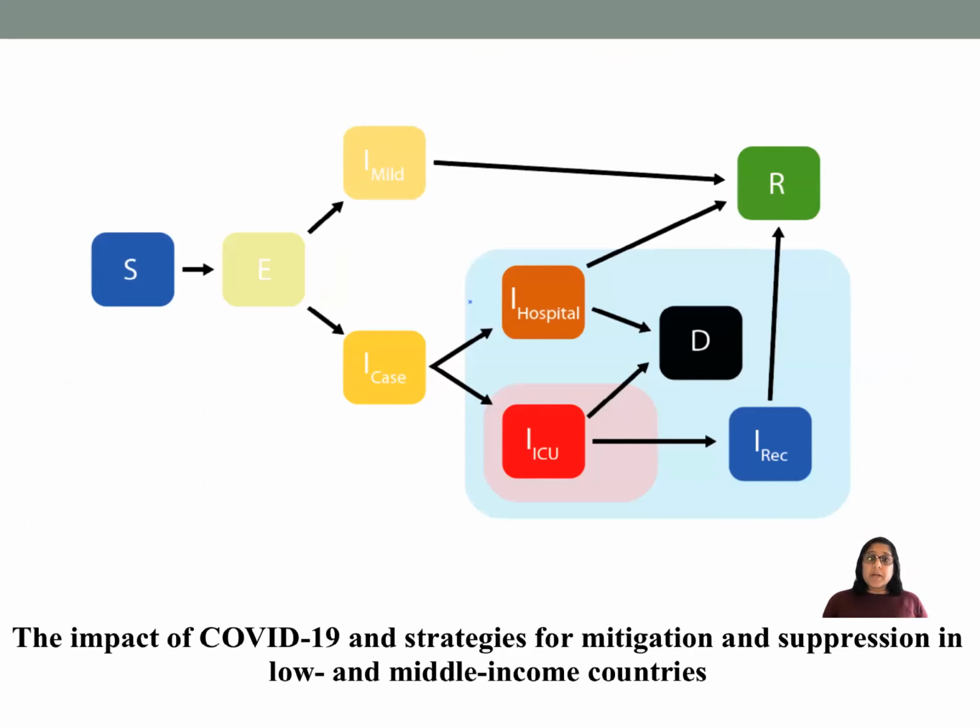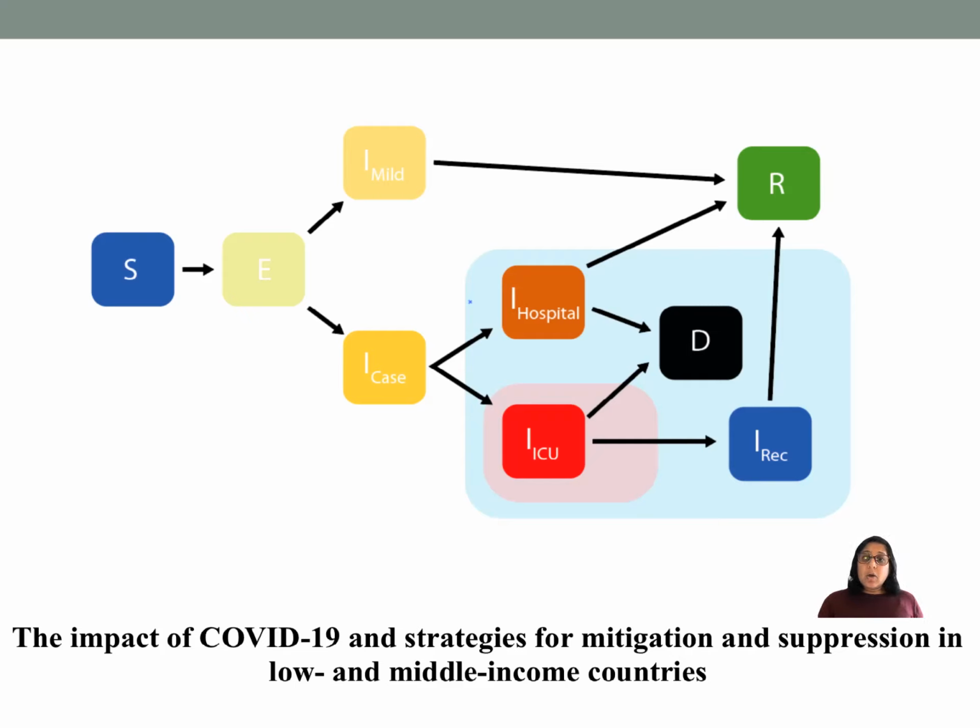Then they can move to either an infectious mild category where they don't need to go to the hospital and they can recover, or an infectious case category where they're sick enough to need to go to the hospital. And even within the hospital, they can go to a regular hospital bed or an ICU bed. From either place, they can either die or recover. With the ICU bed, there's a path to go to a step-down bed and then to the recovery category.